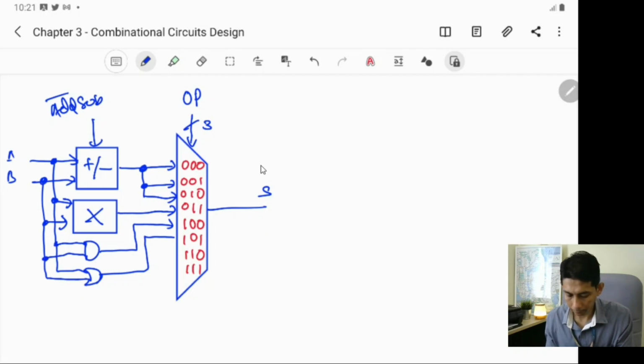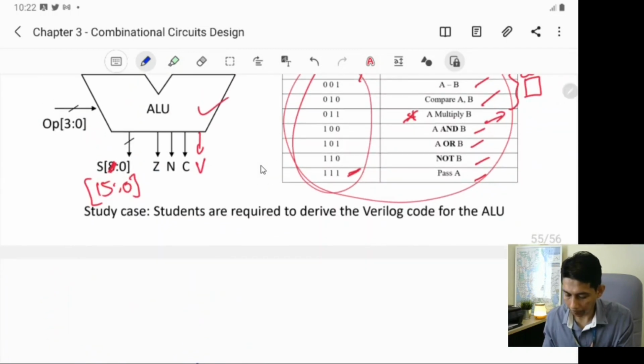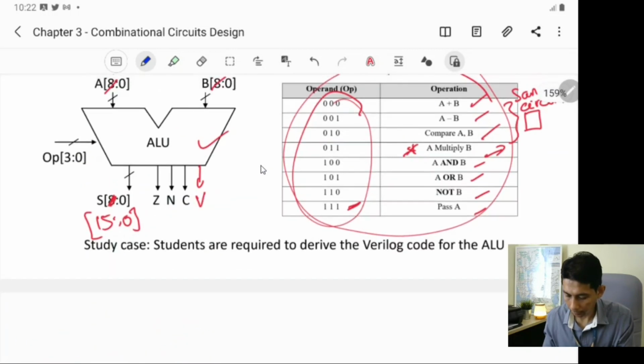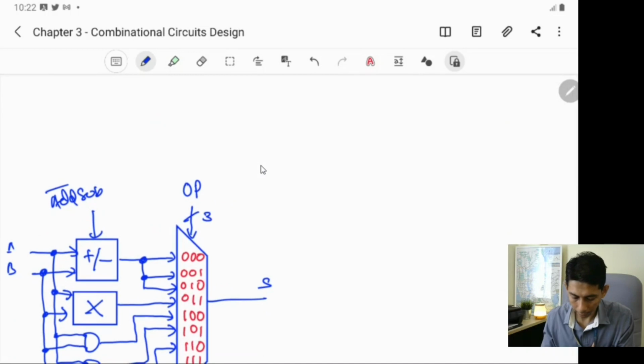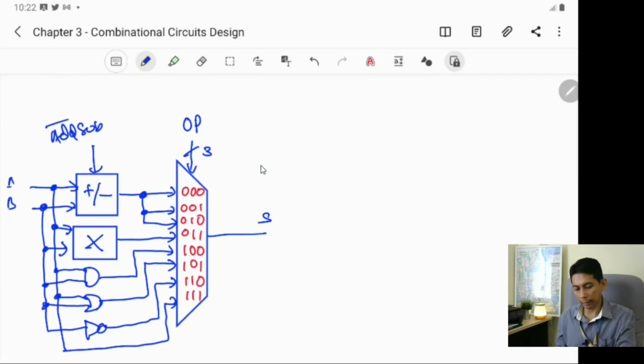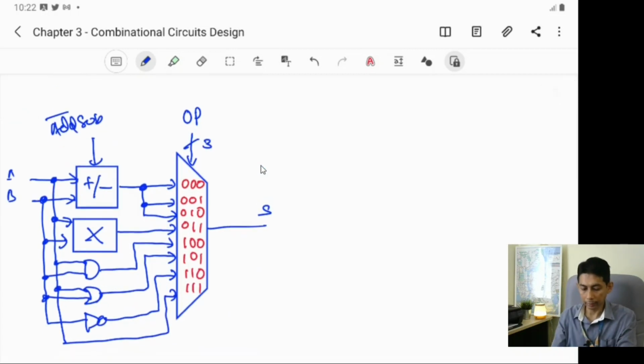OR gate for 1 0 1, and NOT B for this one, and the last one is pass A. So just get the A signal and send to this one. You have pass A. So the circuit looks like this.